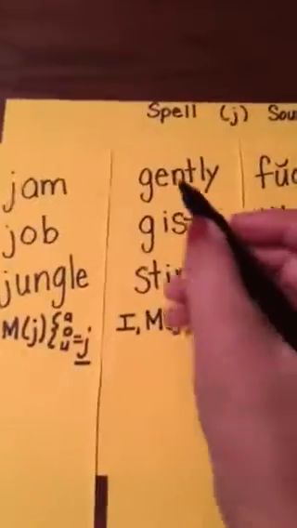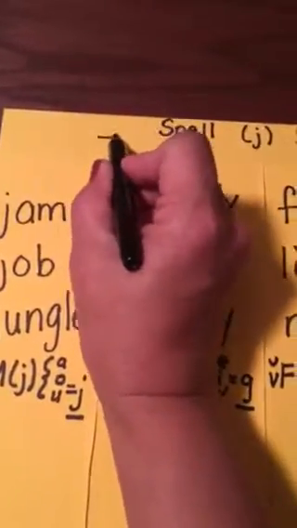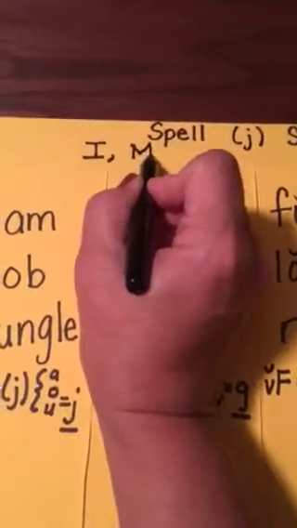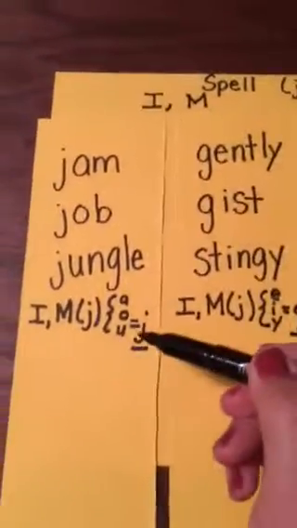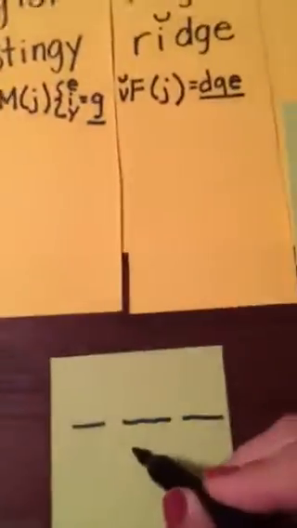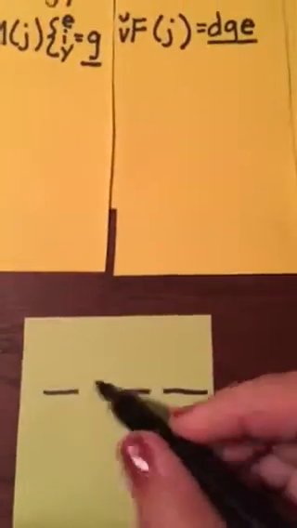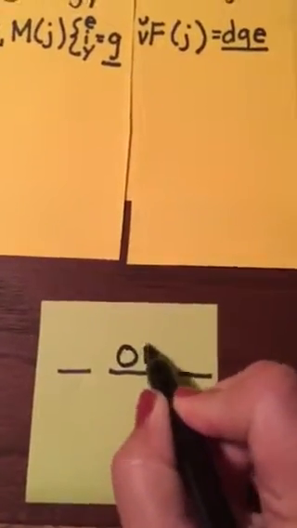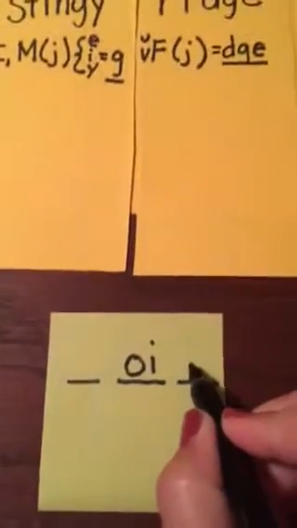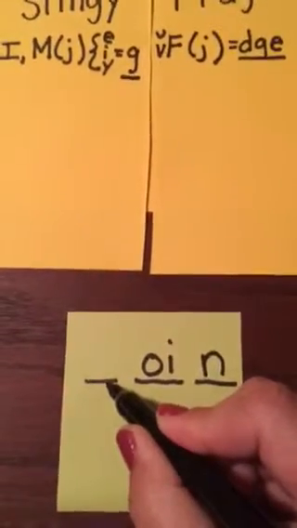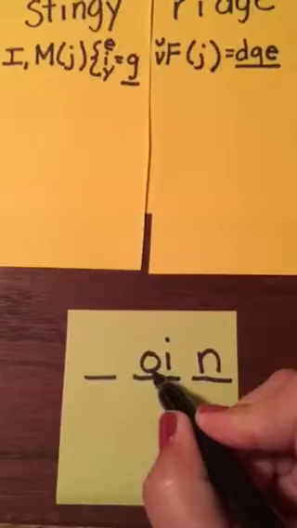These are my two choices when it comes to the initial or the medial part of the word. It could be a J or a G. Let's keep going with join. Let's leave that first one blank. J, oi, O, I, N. Well, the J is right before an O and an I.